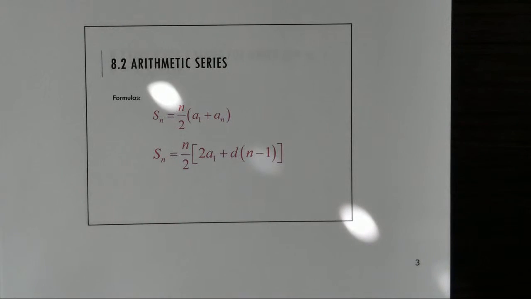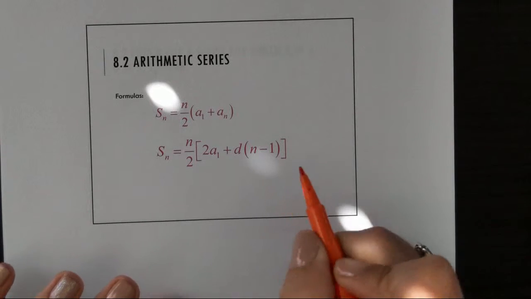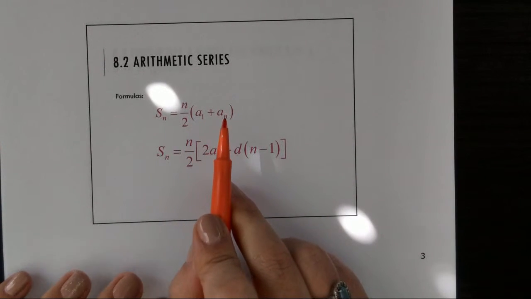So now we're going to talk about our arithmetic series. These two formulas need to be memorized. They are the formulas that are used to find the sum of a series. So the first one is used when you know your first and your nth term.